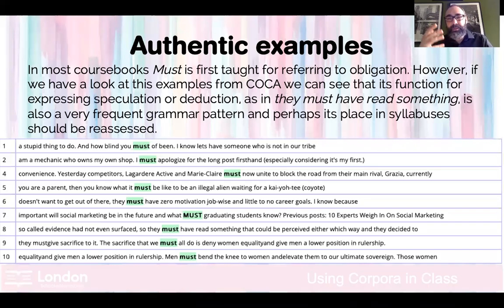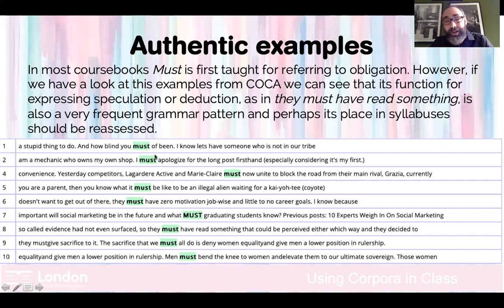And perhaps we need to think about this when we teach these things, because we tend to teach they must have done something quite late, in higher levels, let's say, when it's something incredibly common. And something very interesting you can see in the first one is this must have been.